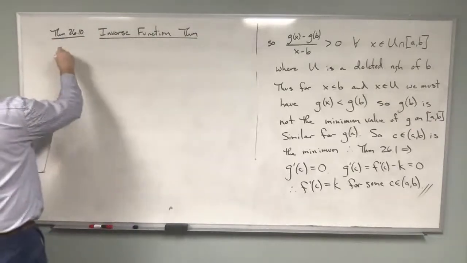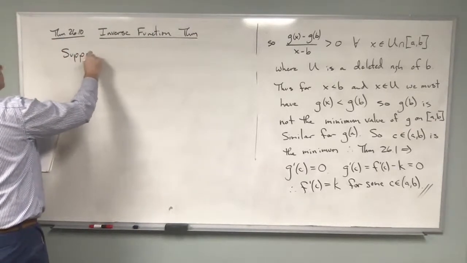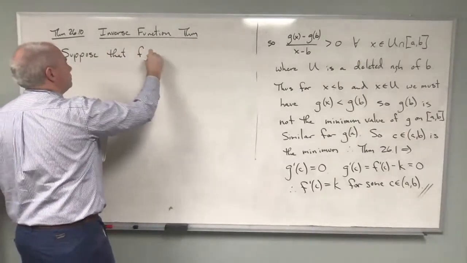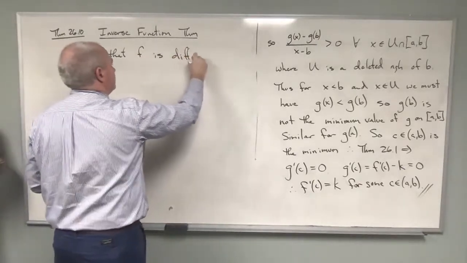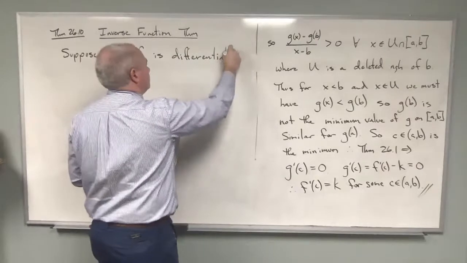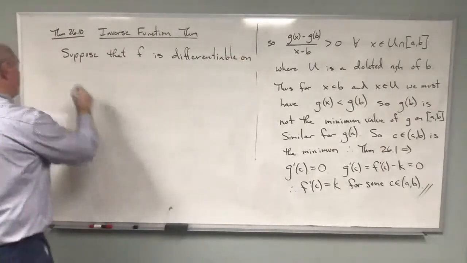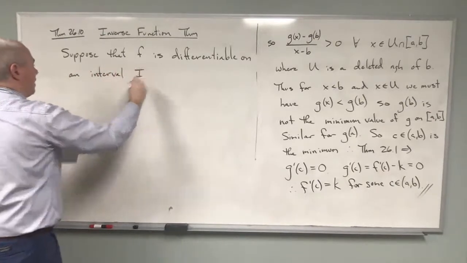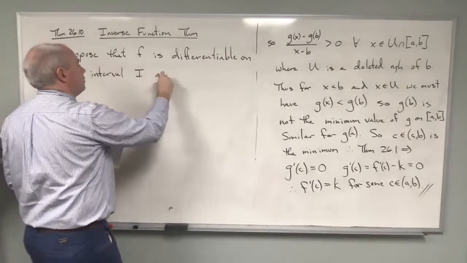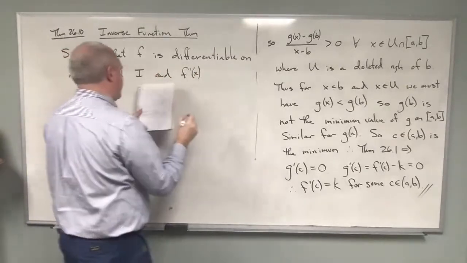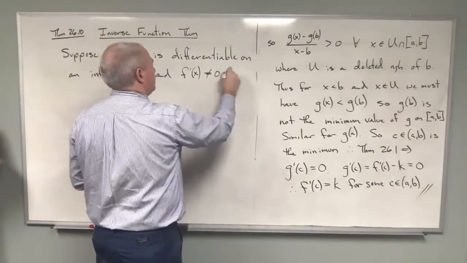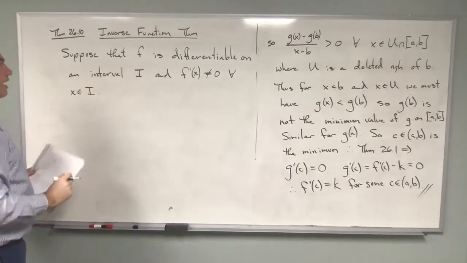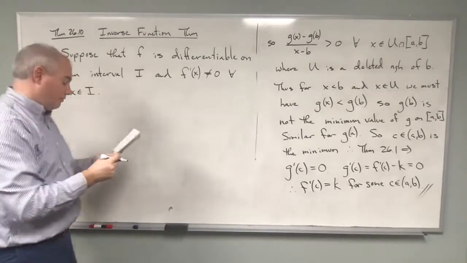It says, suppose that f is differentiable on an interval capital I, and that the derivative f prime of x is not equal to 0 for all x in the interval. So we have a function whose derivative is never 0.